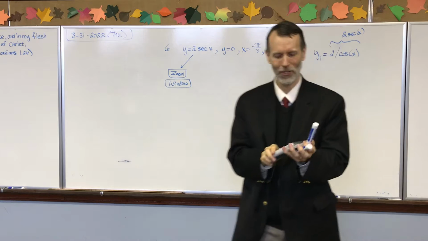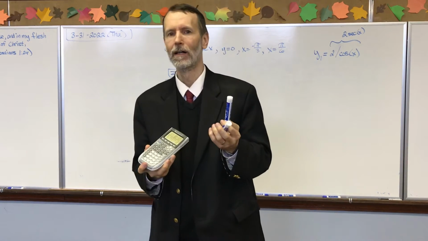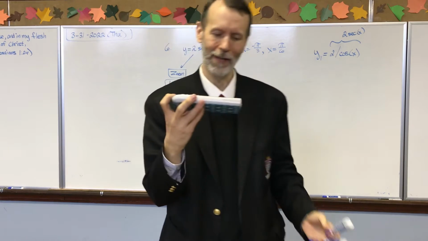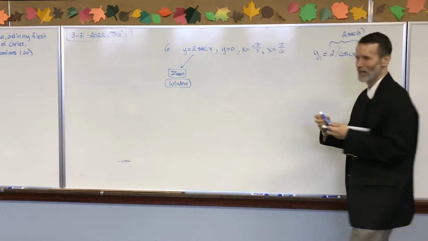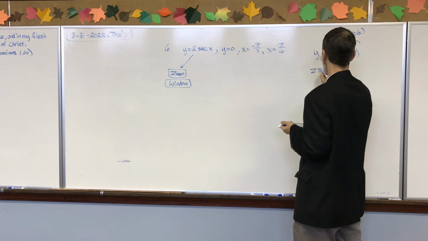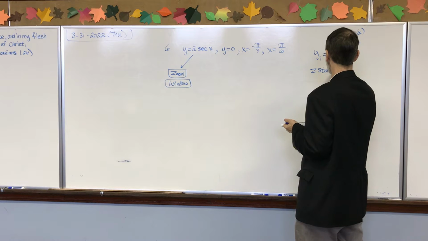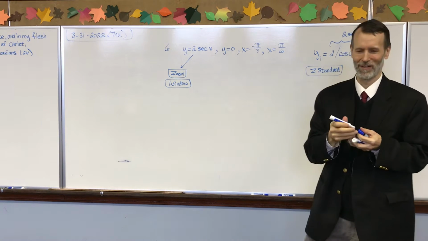Okay, for people who are watching at home, is there anybody still watching at home? Well, Michael. Oh, Michael, that's right. Okay, so Michael, what we did, we tried to graph this, and we did zoom standard. It's the zoom key 6.